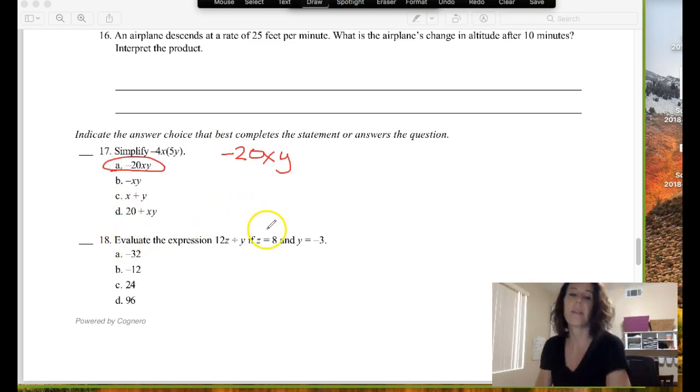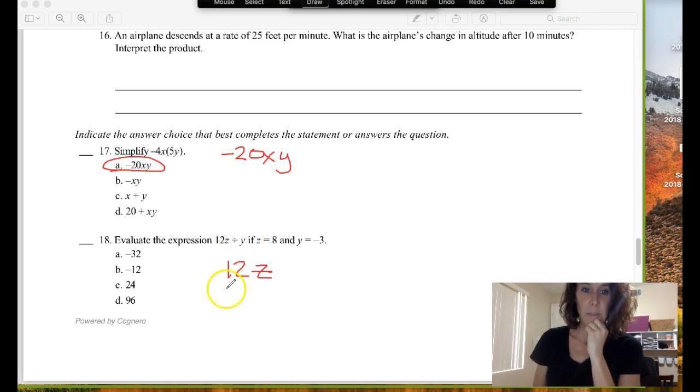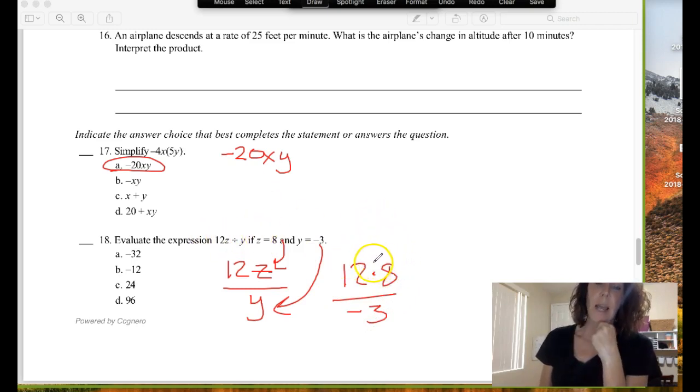All right, evaluate this expression, and they give me if z is 8 and y is -3. So if I have 12, sometimes it helps to write 12z, and I'm dividing it by y. I like to write mine like this, okay? If I plug in 8 for z and -3 for y, what do I get? Well, it looks like this, 12 times 8 divided by -3. Now, if I do my order of operations, remember I multiply and divide, and then I add, subtract.